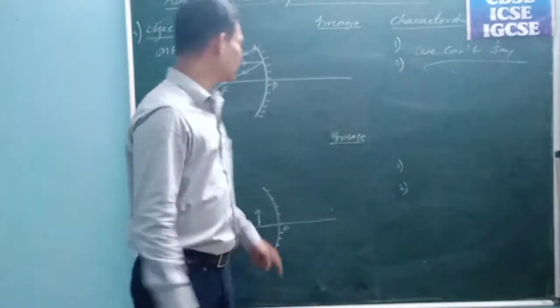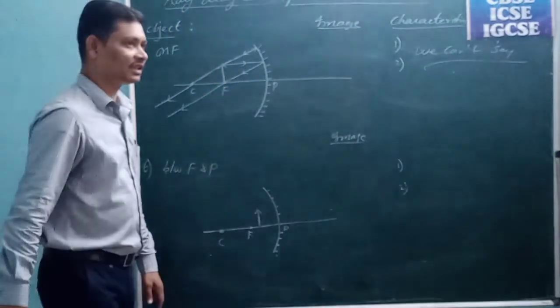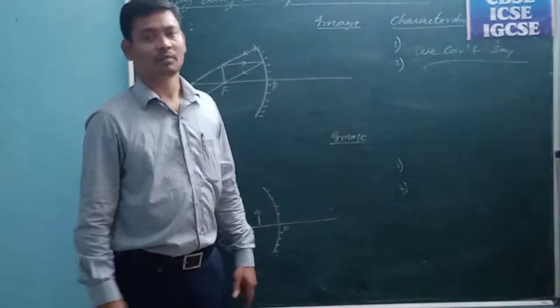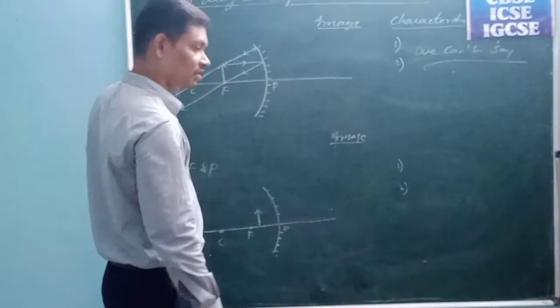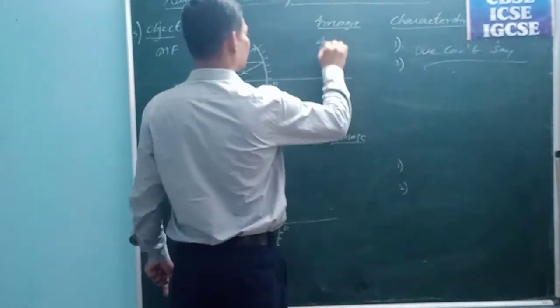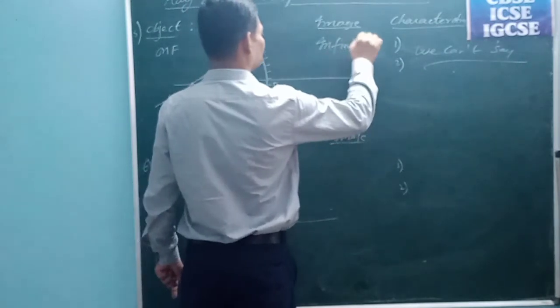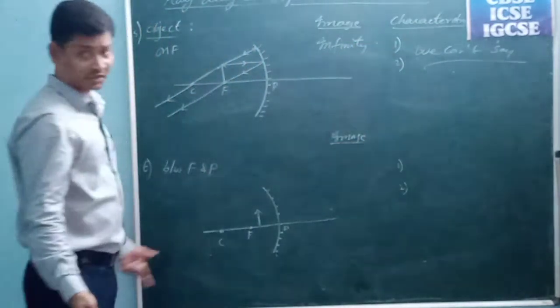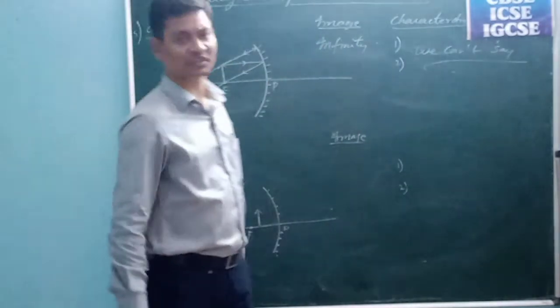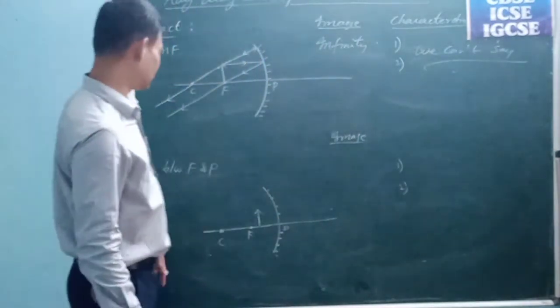Okay, we can. But generally, as per the mathematical rules, parallel rays cannot meet at any point. So they may meet at an infinite position. So the image might fall at infinity. This is just a consideration. That's it. We cannot exactly conclude it.